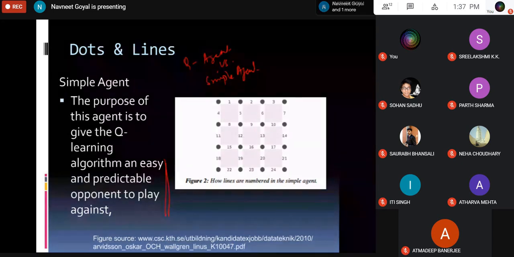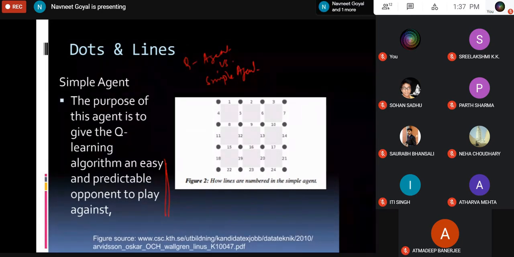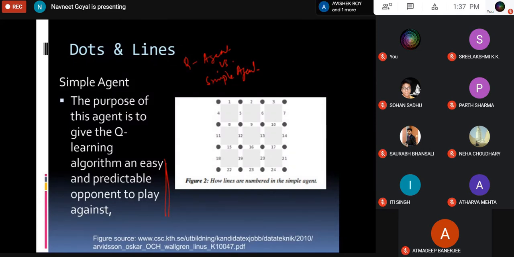So if you play with a left-hander, you learn new things. Similarly, you play with a person who's more attacking, and also with a person who's more defensive. So you try to play with different kinds of players to learn. That's why we have these different kinds of agents in game playing.